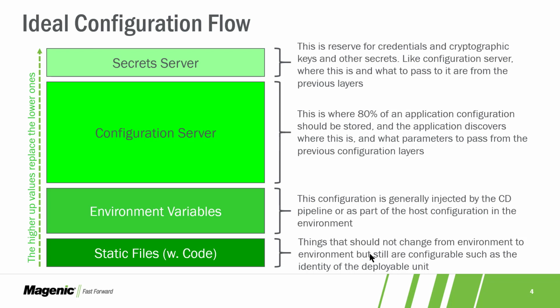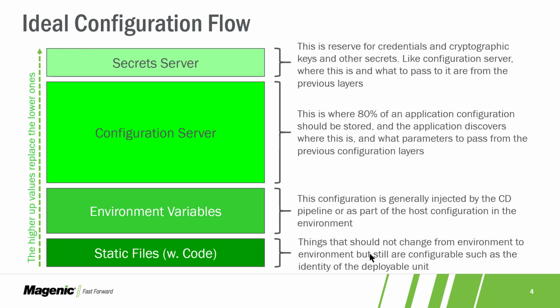So the next tier of configuration up is environment variables. And typically, these are injected via the CD pipeline or are part of the hosting configuration. And they typically don't include things that are secret, but they include things that are useful.